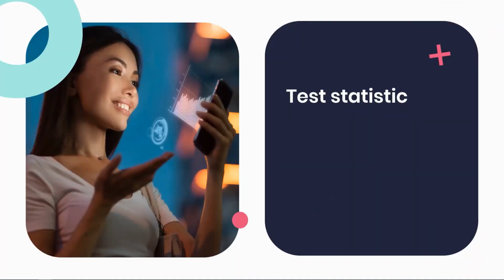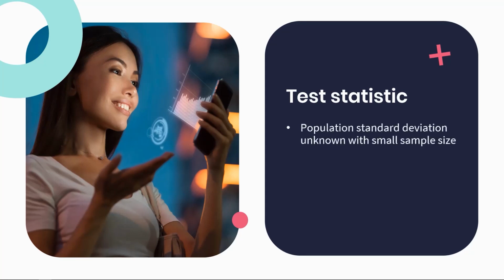Let's investigate the case with a small sample hypothesis test with a single population mean, where the population standard deviation is unknown, with a sample standard deviation of S. Our test statistic would follow the student's t-distribution with degrees of freedom equal to the number of observations in the sample, called n-1. The formula for the student's t-distribution is the observed mean minus the hypothesized value of the population mean divided by the standard error of the mean.